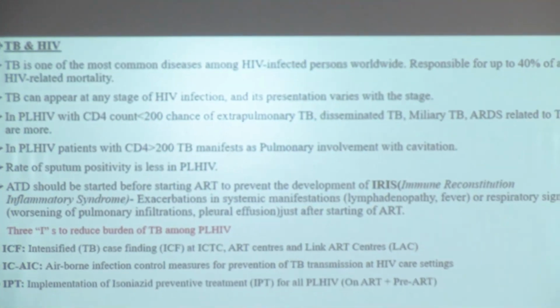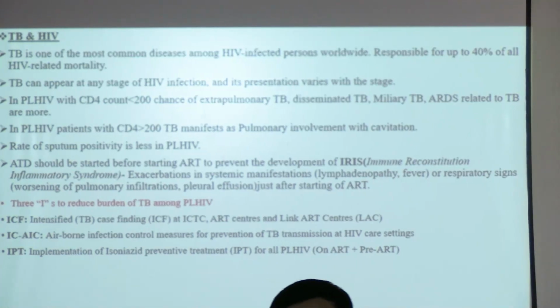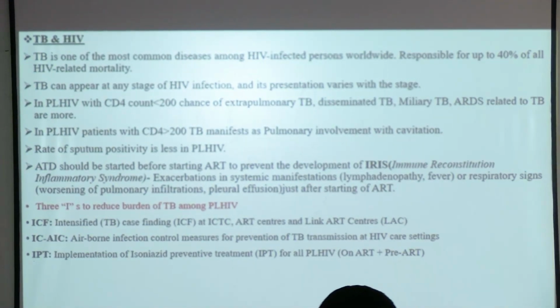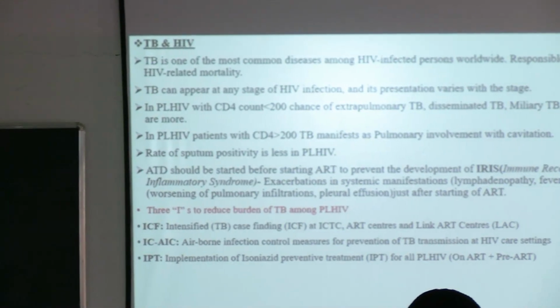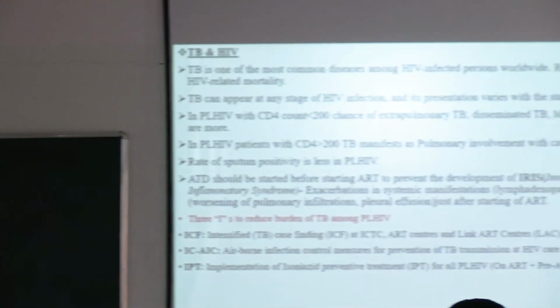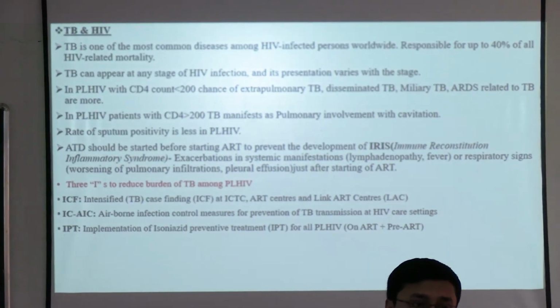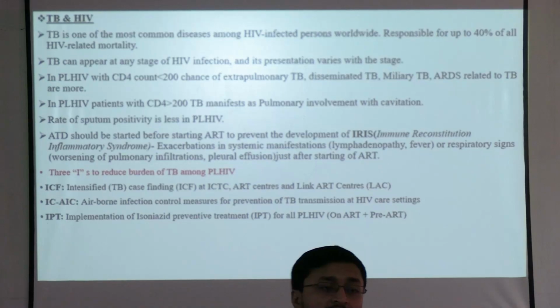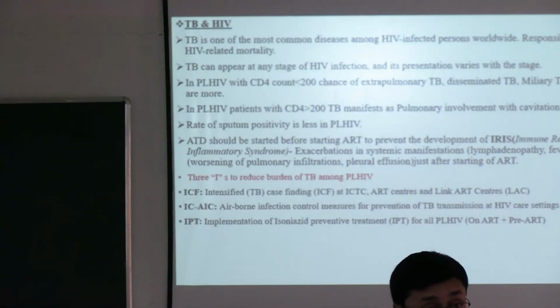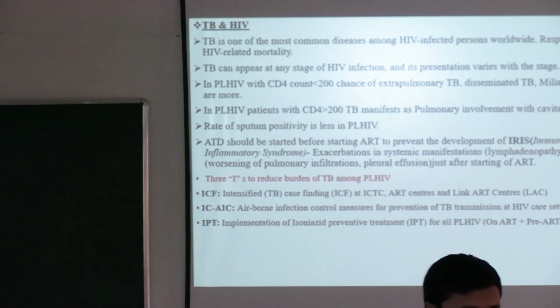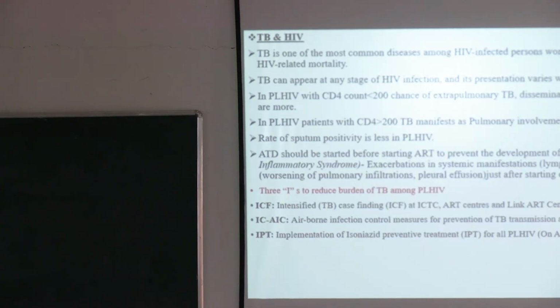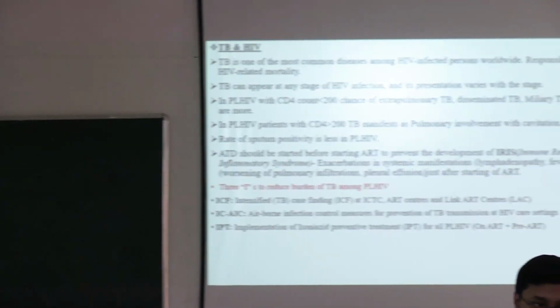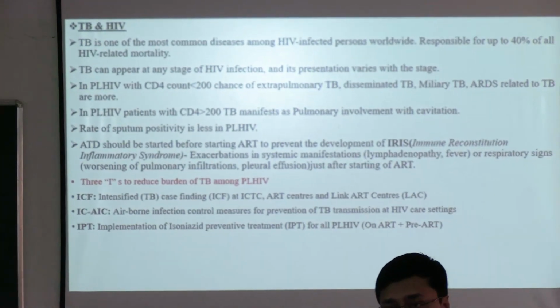So what is the new regimen of recommendation of ART according to the NACO guideline? Do you know? Pharmacology তো হয়েছে তো. According to the NACO guideline, the newest regimen is TLD. TLD means tenofovir, lamivudine and dolutegravir.